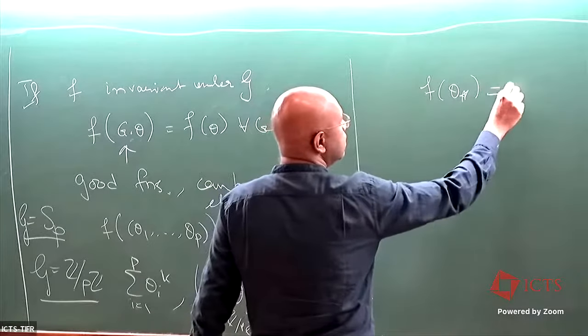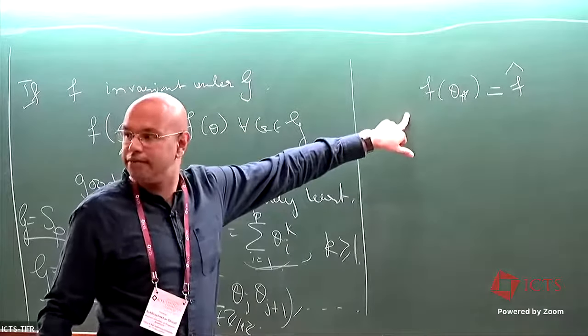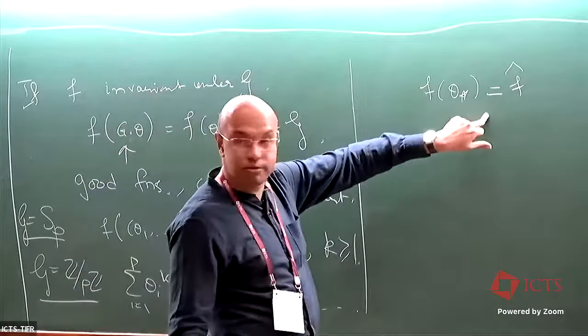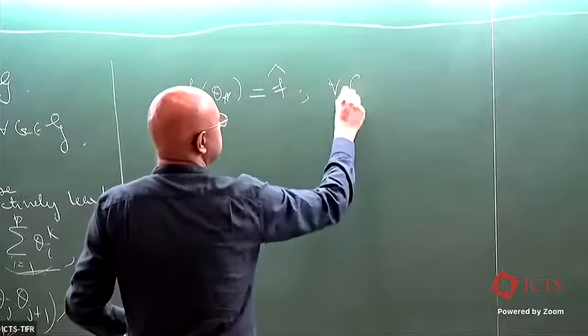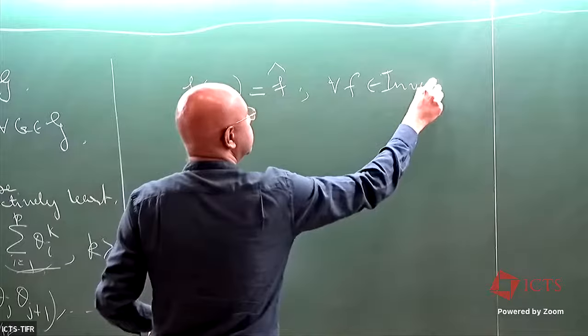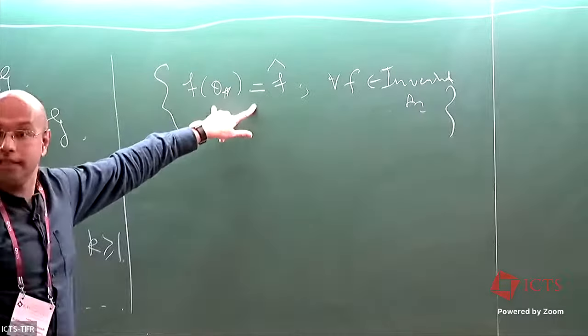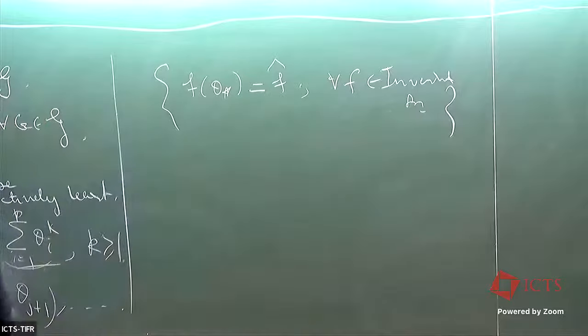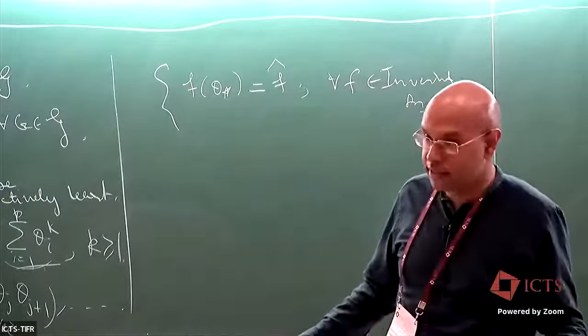I can set up this equation. This is not exactly true, there are some errors, but for each invariant function, I can have one equation like this. So the point is that the more invariant functions there are, the more equations I have, and the easier it is to estimate.